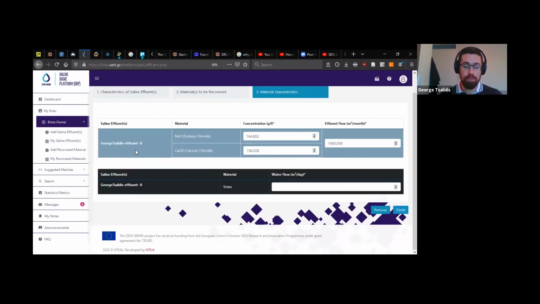And then we can see for this brine source 0, I have this concentration of sodium chloride, this concentration of calcium chloride. This is my monthly flow. I have inserted it earlier, and this is my water flow. And it asks me for a flow per day. So let's say, just for the sake of the argument, 10 cubic meters per day.